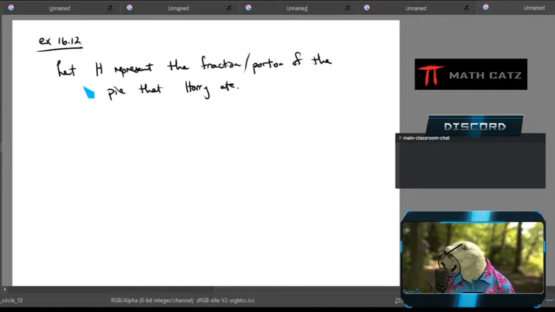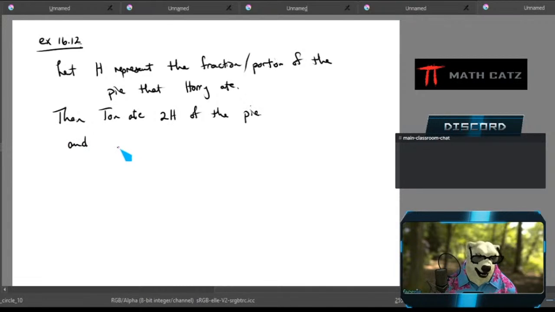And of course, if you start with a different person, your initial steps will look a little different, but the end answer will be the same, of course. Then they say Tom ate twice as much as Harry. So Tom ate 2h of the pie. And this is going to be some fraction, 2 times the fraction that corresponds to Harry.